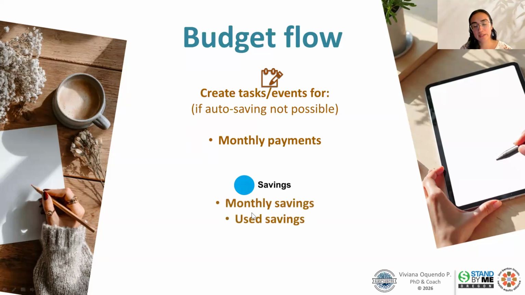Also, there is this important thing: if we are putting savings aside for coming needs, then we also need to remember to remove that from wherever we are tracking the savings.